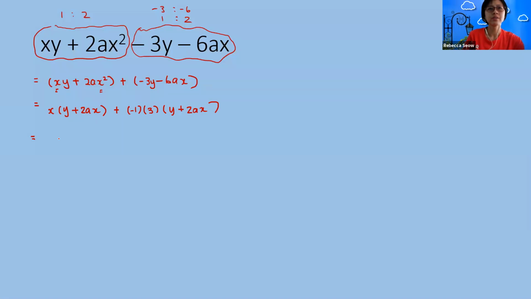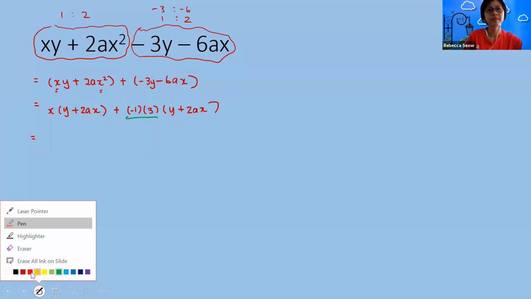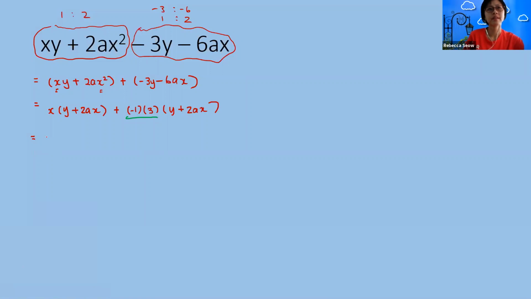Okay, so I'm going to tidy up this portion. With a plus and a minus here, when both are put side by side, plus times minus will give you a minus.